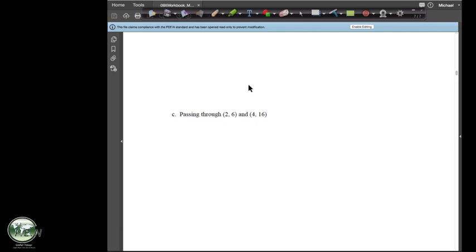Do we have the slope? Can we find the slope? Yes, that's why we get paid the big bucks, right? So how do we find the slope? We could make a graph. We could use the formula slope equals y2 minus y1 or y1 minus y2.